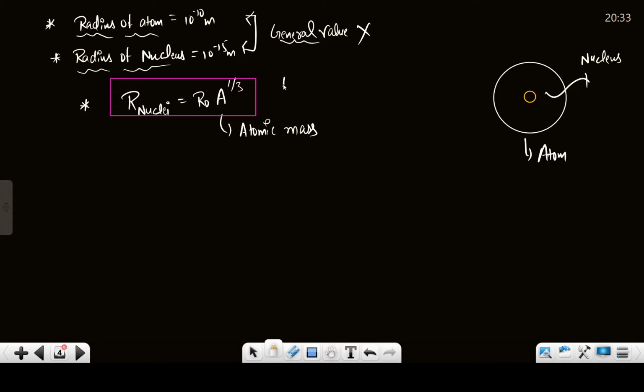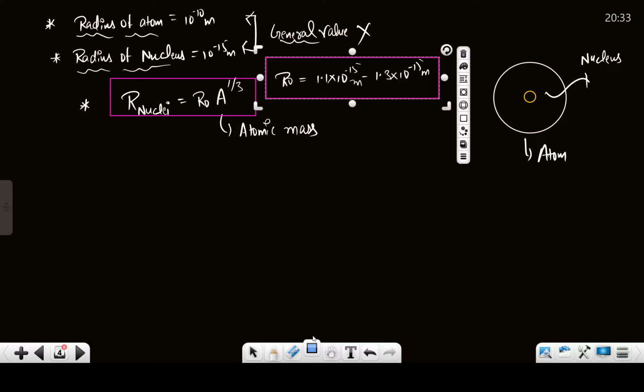And what is the value of R naught? R naught is nothing but 1.1 to 1.3, that is, 1.1 into 10 to the power minus 15 to 1.3 into 10 to the power minus 15 meter. I'm hoping that this much is clear to you. This is the value of R naught.